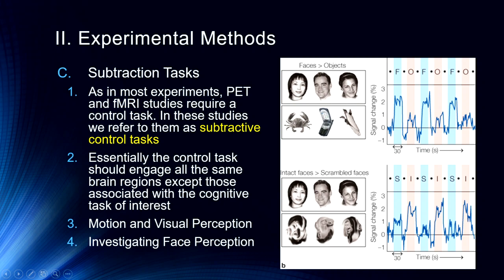This is probably a little bit better because it's all the same features, but they're not assembled in a face. And so we can look at scrambled versus intact faces and see what part of the brain is involved in assembling these perceptual features into a face and seeing a face. And that's important for understanding face perception, but also, let's say we're really interested in trying to come up with the best camouflage for the military possible.